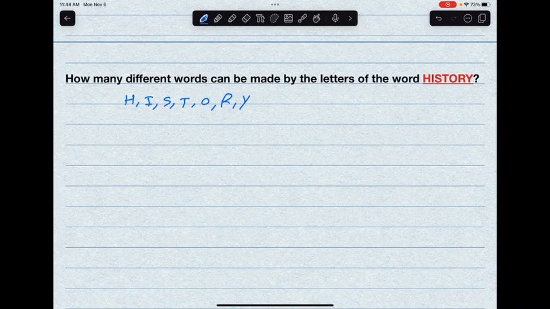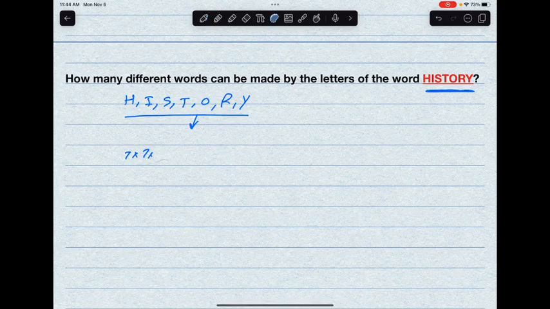And they can say how many words can be made by the letters of history. What is the difference? In the other type, if there's no restriction, you can repeat the letters, and they need to mention how many letters exist in the new word. For example, how many 7 letter words can be made? So here the answer is 7 times 7 times 7, it's 7 to the power of 7.